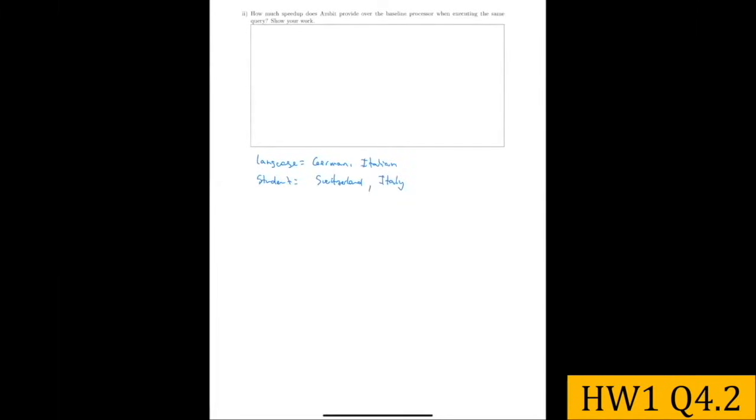So the student can be from Switzerland, just say CH, and can speak Italian, or the student can, this is the country, and the language over here.